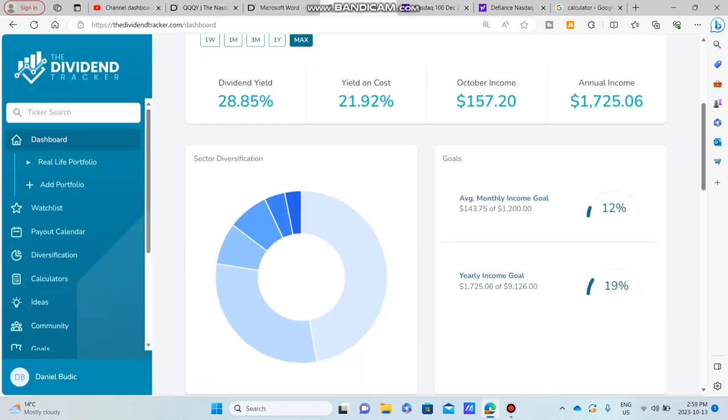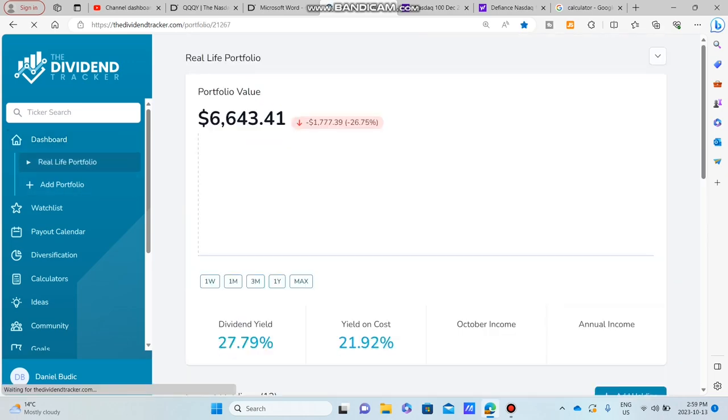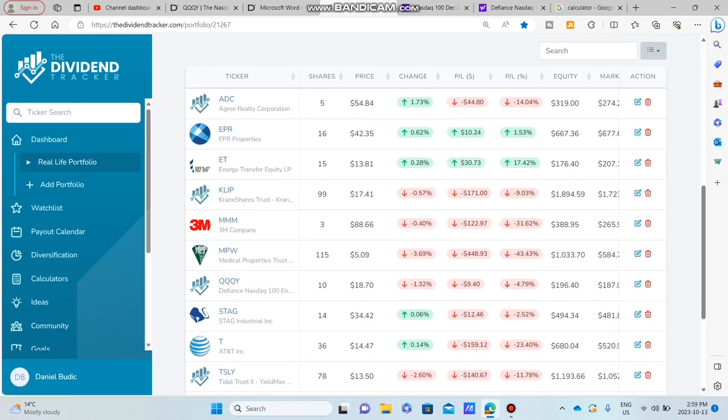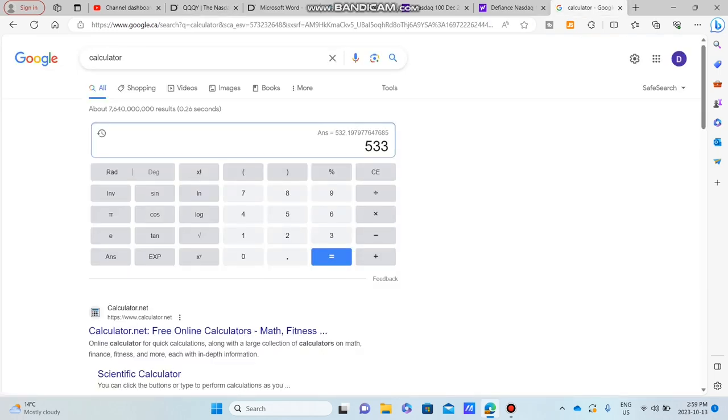I hold about 10 shares of QQQY, 10 shares right on the nose. So as you can see, they paid a $1.10 dividend payable October 5th. We're going to multiply this by that dividend of 1.1. This is what you'll be receiving on a monthly basis if you were to have invested $10,000 in QQQY.